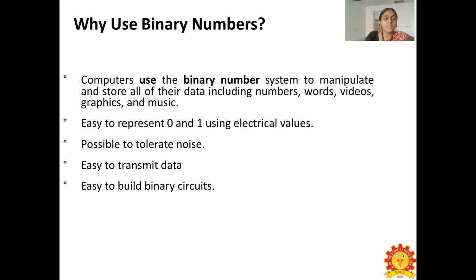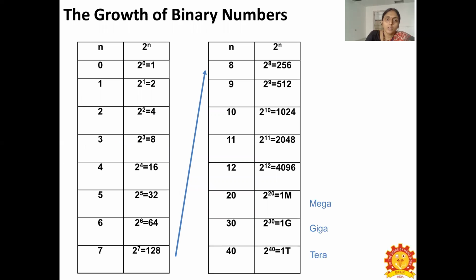The binary number system can tolerate noise, and we can easily transmit the data, since the machines can understand the binary language, that is zeros and ones, and it is easy to build binary circuits.